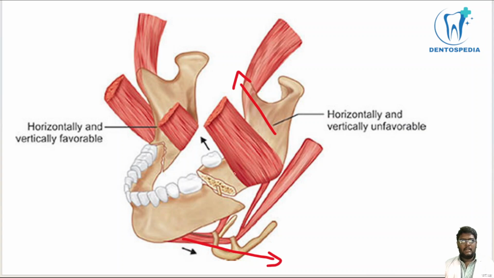So based on the fracture line, if the fracture line is in such a way that the bones remain intact without any movement, they are called favorable fractures. Here you can see the fracture line is present in a situation where the bones on either side don't get displaced because of the fracture line design.